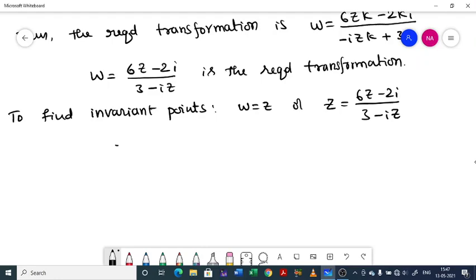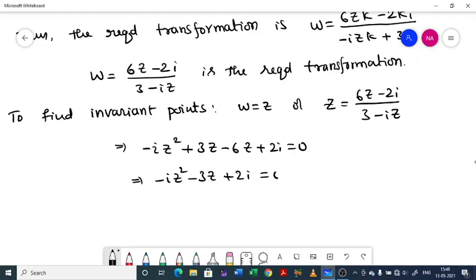So cross multiplying this and simplifying, it will be minus I z square plus 3z minus 6z plus 2I equal to 0, which implies minus I z square plus 3z minus 6z plus 2I equal to 0.